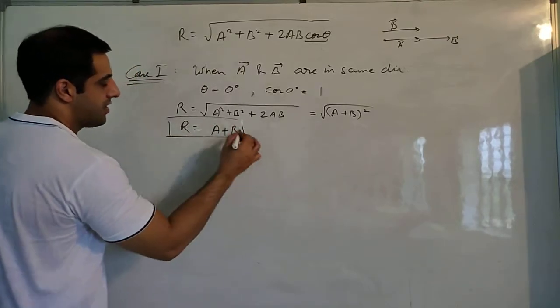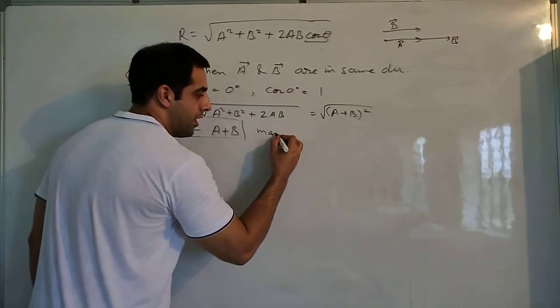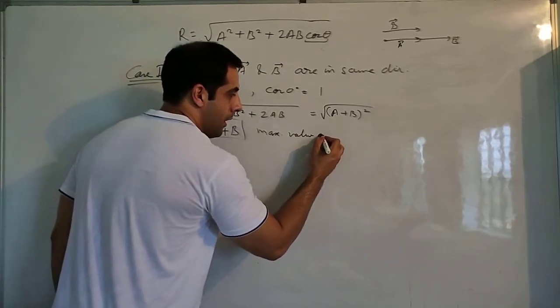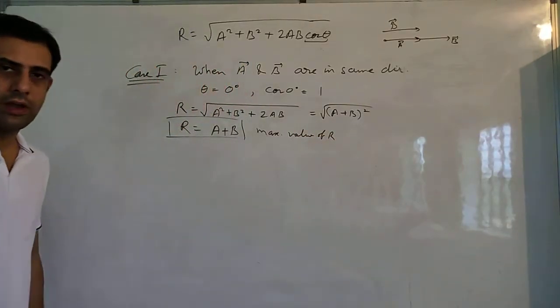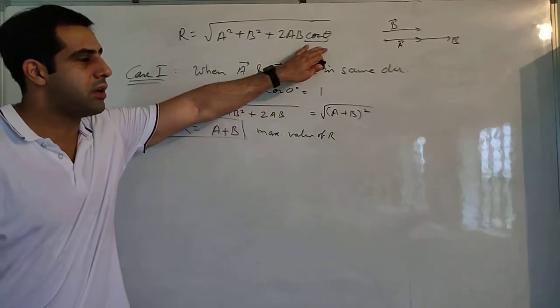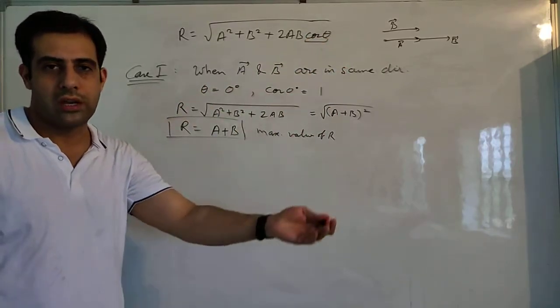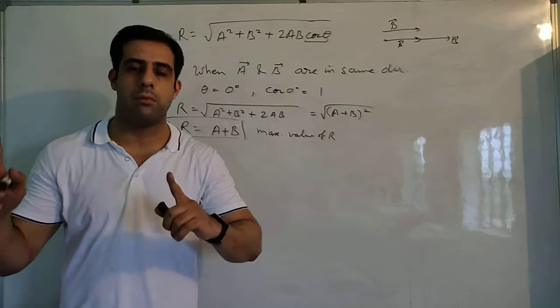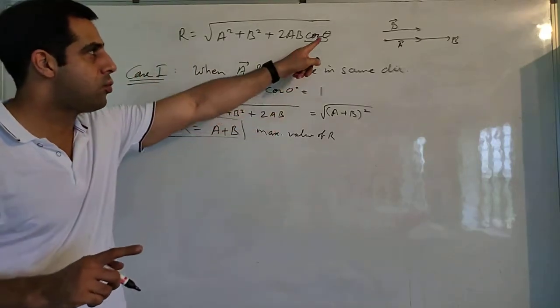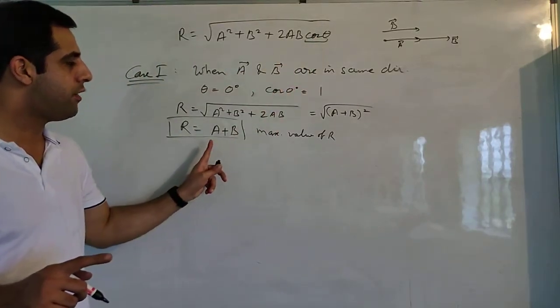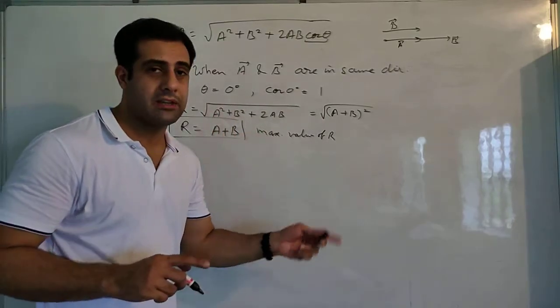So this is your case 1. This will give us the maximum value of R, because cos theta is 1. Cos theta cannot go more than 1. It only oscillates between -1 and 1. So when cos theta is 1, this is the maximum value.